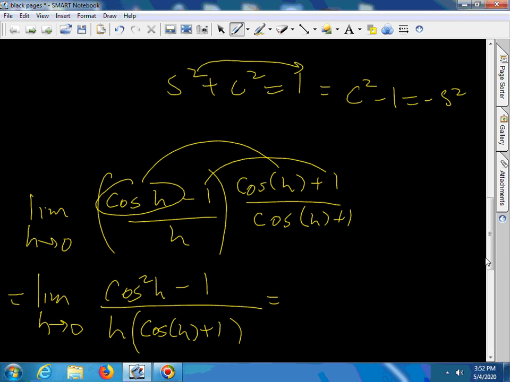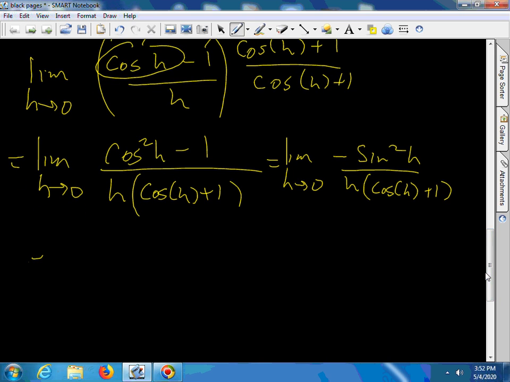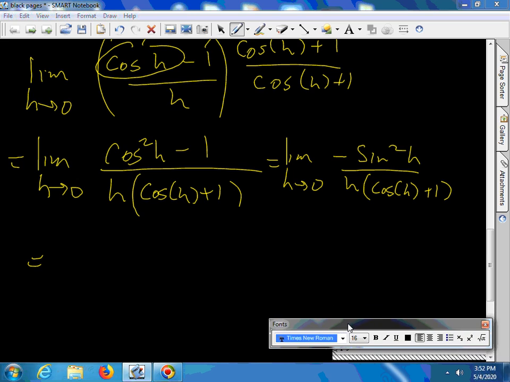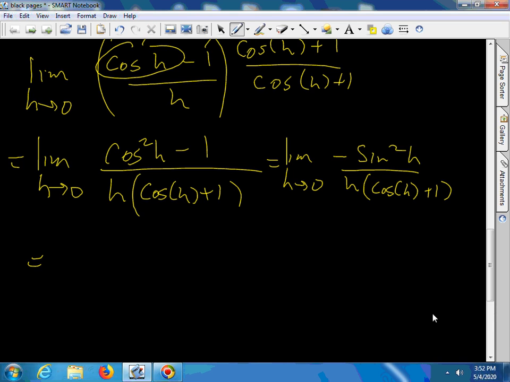So this is the limit as h goes to 0 of negative sine squared h over h times cosine of h plus 1. Above this h, I like to have a sine h.